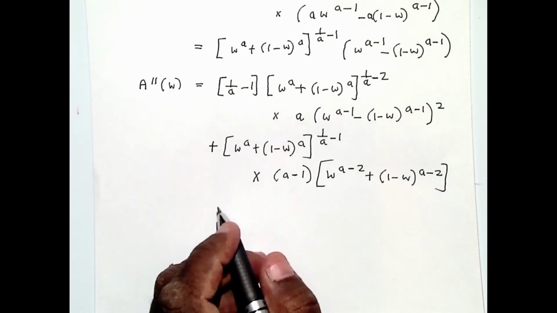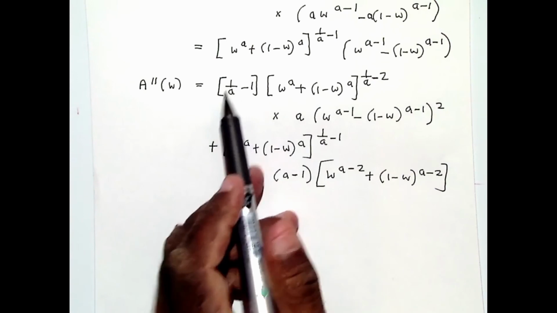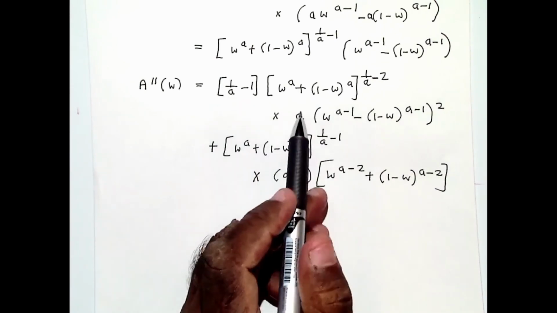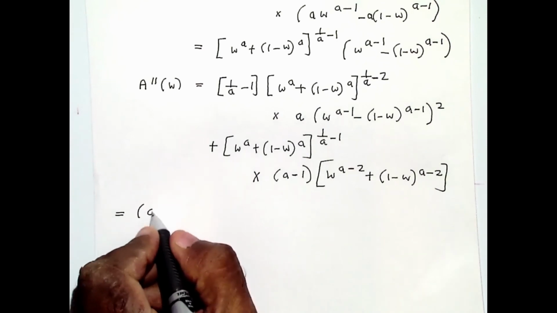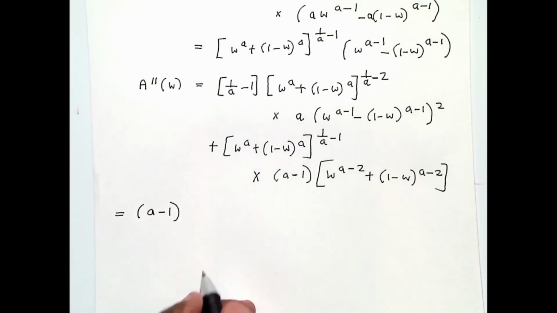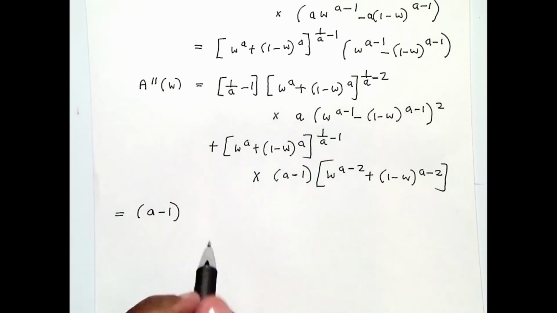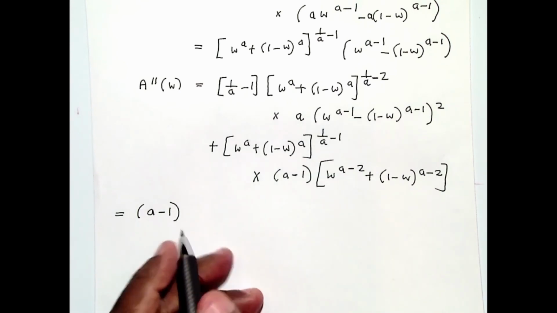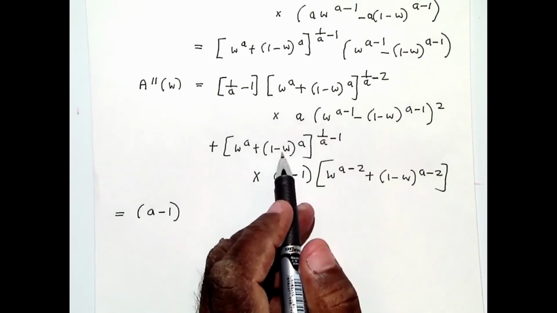All right, actually, let me show you. You should combine these two terms. 1 over a minus 1 multiplied by a gives you a minus 1. Then you have these two terms which have a common factor.